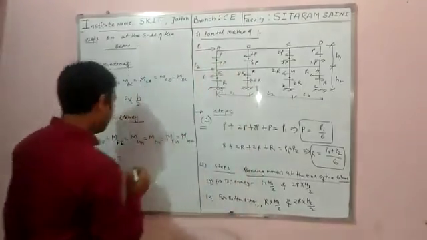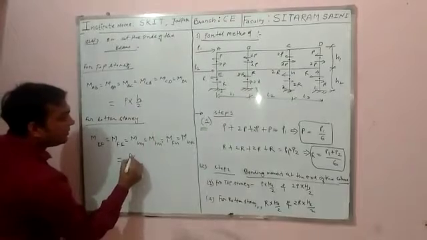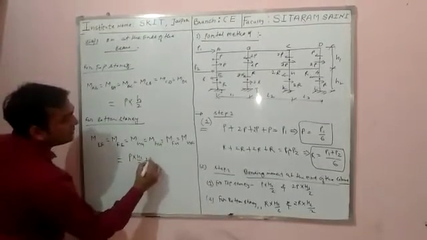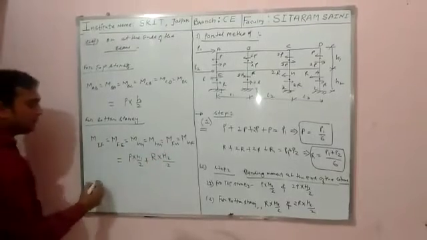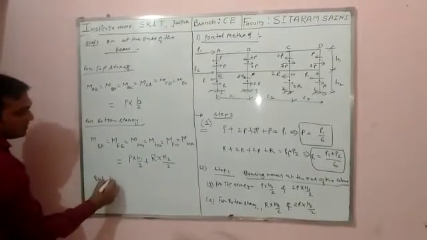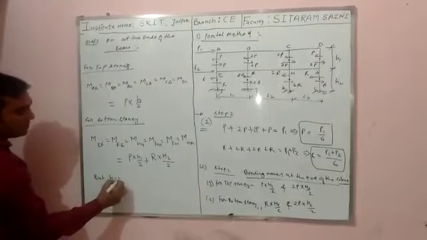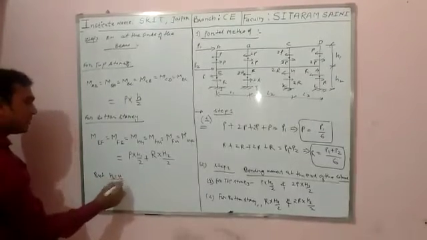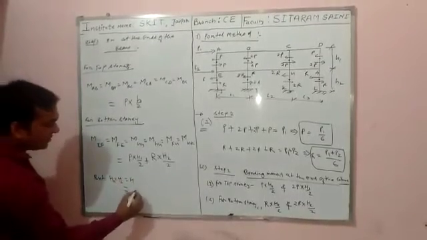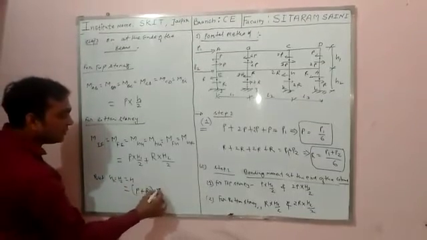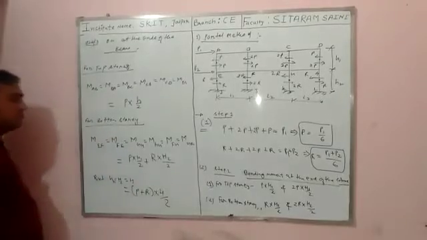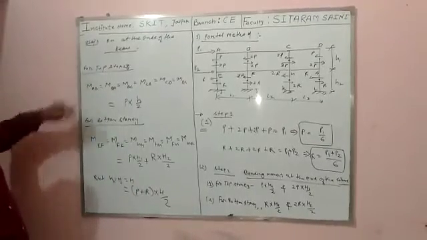That is why P into H1 by 2 plus R into H2 by 2, but H1 equals H2 equals H, then we can say P plus R into H by 2. Now step number 3 is finished.